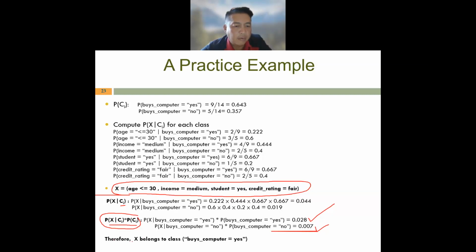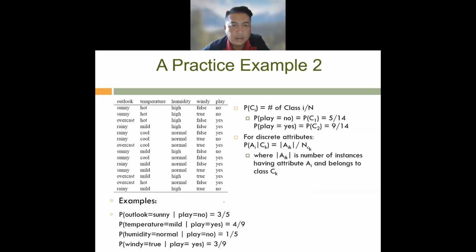So therefore, we can conclude that X belongs to the class where the computer is yes. So you need to go over how to get all these values, and then you just plug in the values here. Okay, let me give you another example.